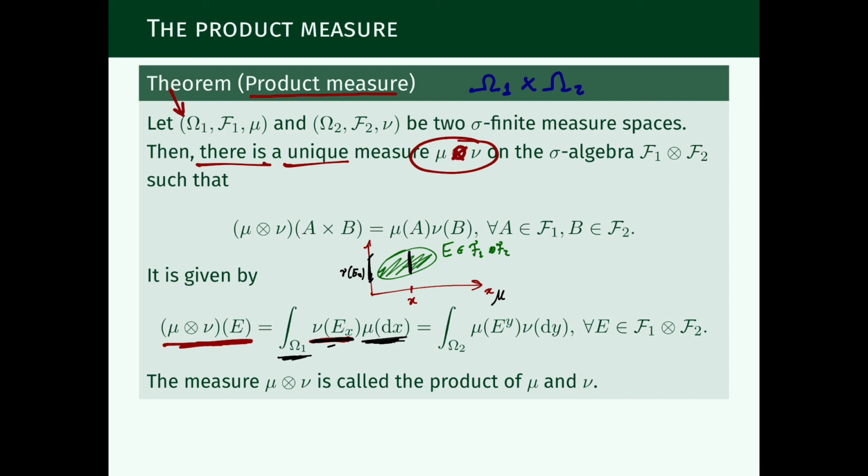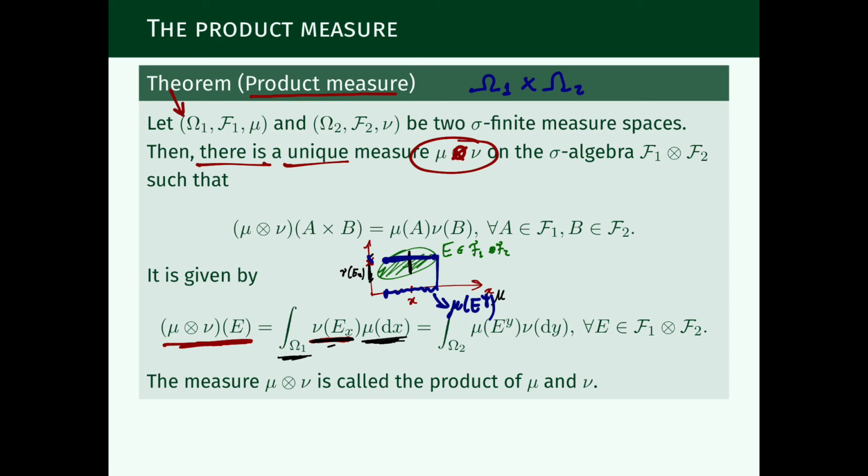For each fixed y here, we can take a section, then we can take the measure of that section. We can make the measure here, mu of Ey, and we can integrate that over y.